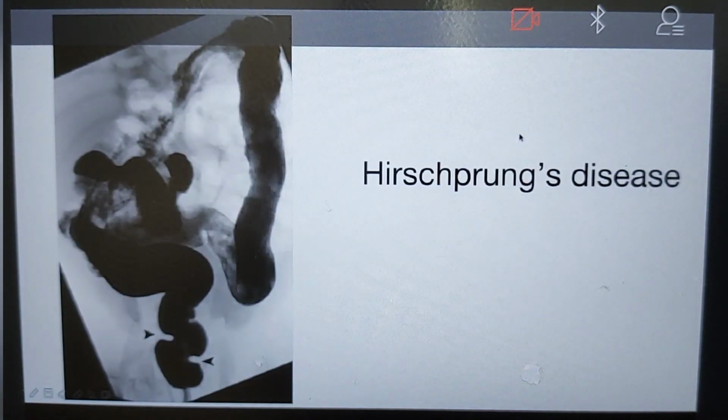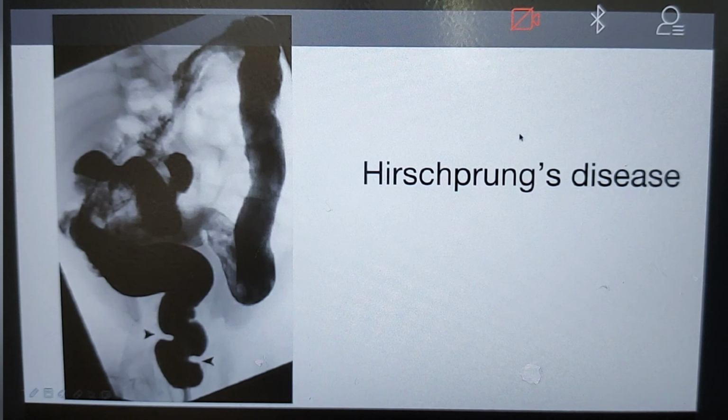Then this is an example of an abdominal X-ray of Hirschsprung disease. This happens when there is an absence of nerve cells, ganglion cells, in a segment of bowel. So the muscle loses the ability to move stool through the intestine, where peristalsis cannot happen, so they cannot defecate.